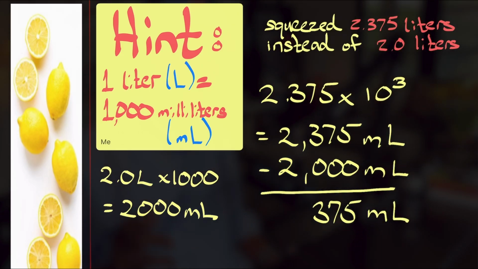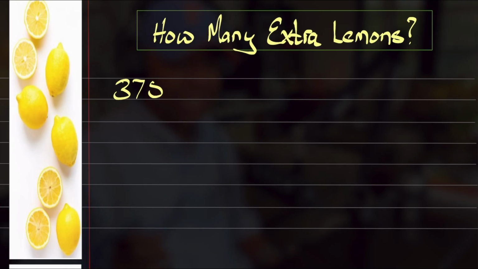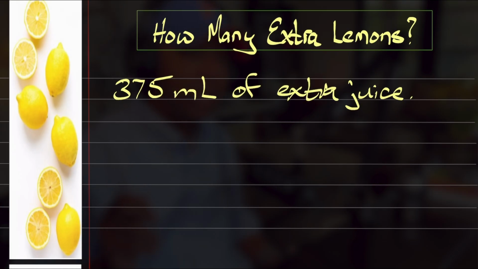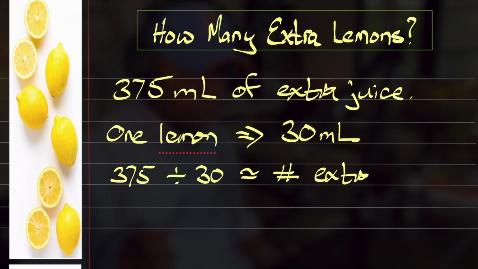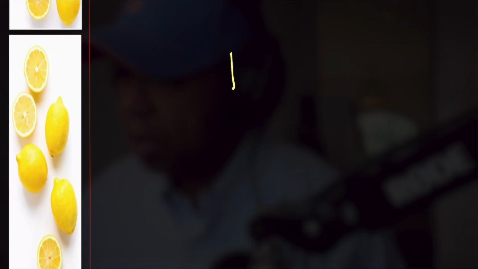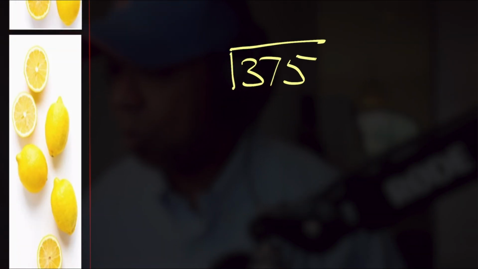Being that each lemon produces about 30 milliliters of juice, I'm going to have to divide 375 by 30. Let's use some long division here. So 375 is the dividend divided by 30. 30 goes into 37 one time, leaving 7.